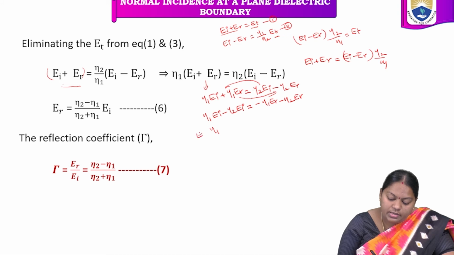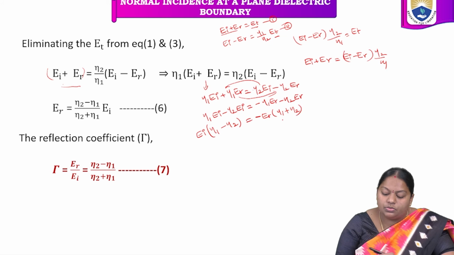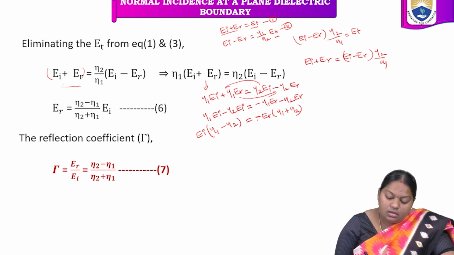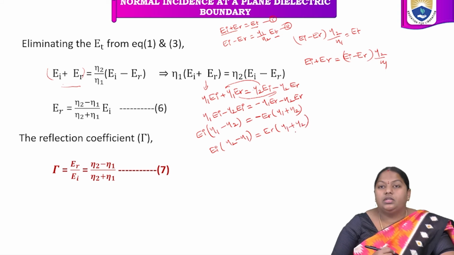If we take EI as common, then eta 1 minus eta 2 equals minus ER times, taking ER as common, eta 1 plus eta 2 is left out, right? Now from this, the negative is multiplied on this side, so it becomes EI into (eta 2 minus eta 1) equal to ER into (eta 1 plus eta 2).